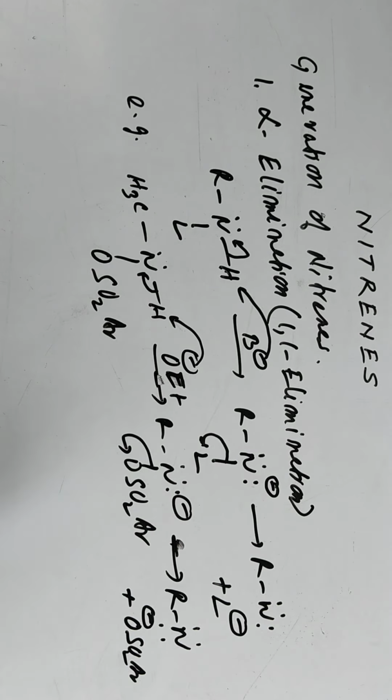So by removing two atoms or groups from the same nitrogen atom, we can generate nitrenes. So the first method for generation of nitrenes is alpha elimination.